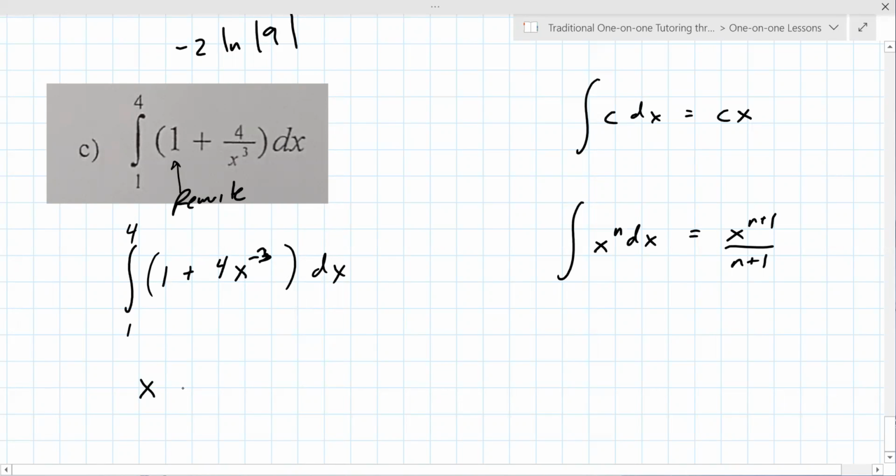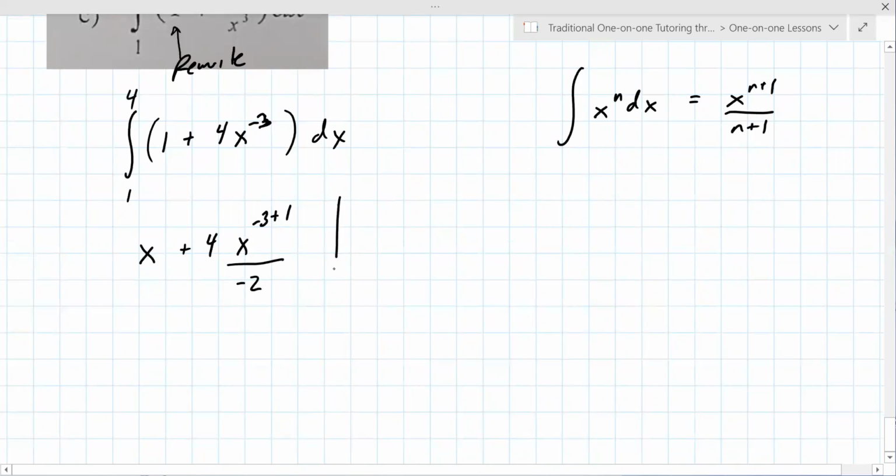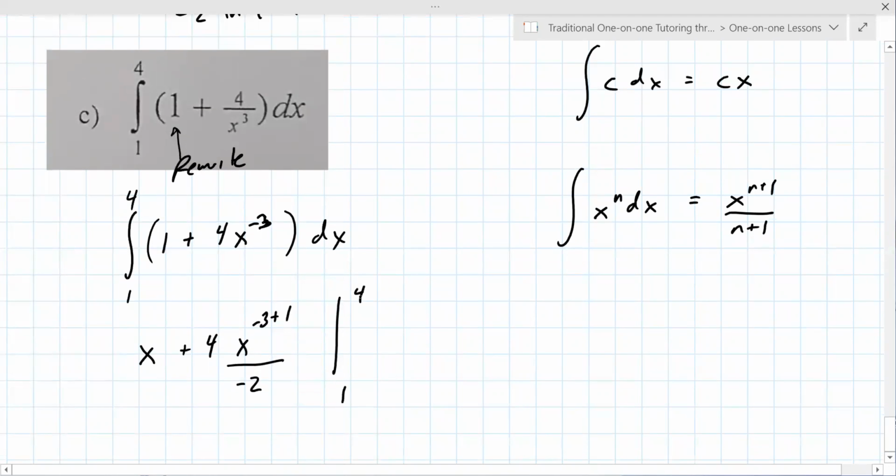Here though, you're going to add 1 to the exponent, and then you divide by the new exponent. So if you see that that's -2, that's why it's -2 on the bottom. And we're going to evaluate from 1 to 4.